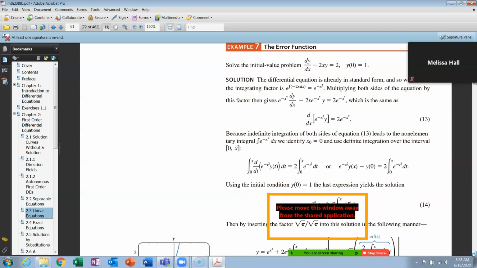Now I don't know if you can detect if anyone else is trying to get in or not. I have this box. Can you see the box that's now fading out at the bottom of the page? It's a rectangle. Yes, sir. And when you see it come back, you see it's black in the middle and says, please move this window away from the shared application. Yes, sir.